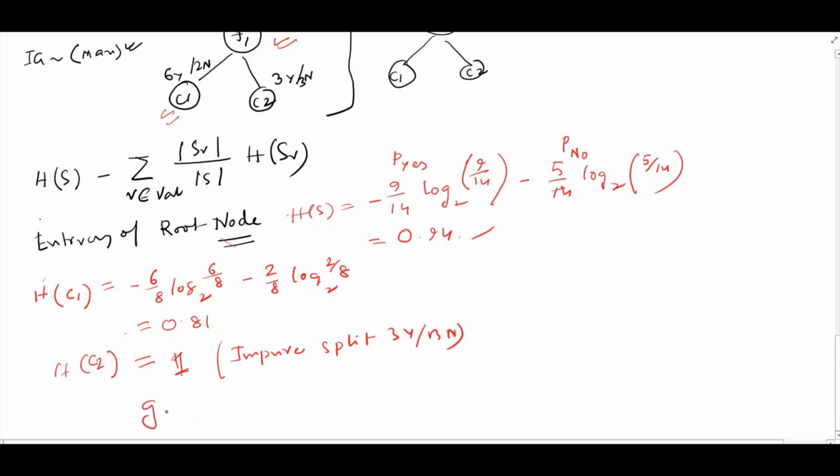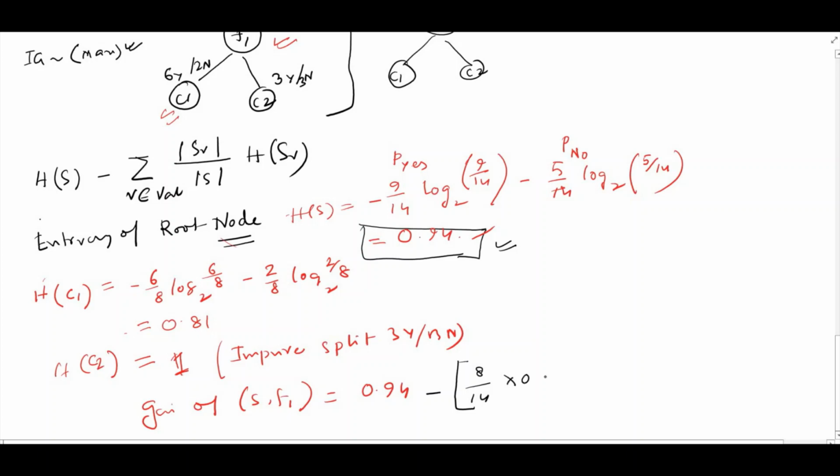So now the gain of S, F1 is 0.94, which is nothing but the entropy of the root node, minus 8 by 14 into 0.81 plus 6 by 14 into 1.